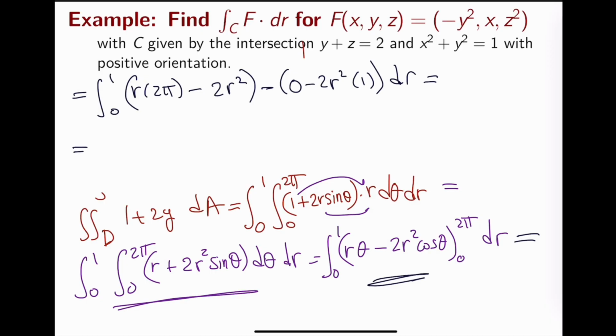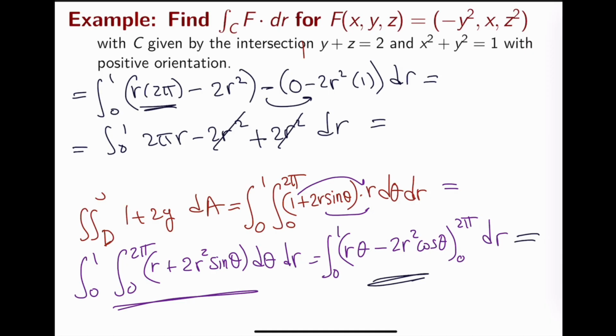We simplify this. This is 2 pi r minus 2r squared, minus minus is plus 2r squared. And so this is just the integral between 0 and 1 of 2 pi r dr.